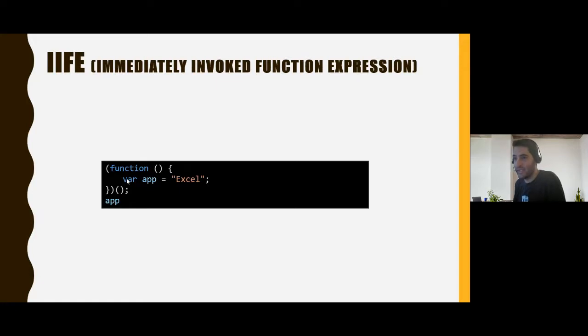When we use IIFEs, we can wrap the entire content of the JavaScript file as an IIFE. Then everything inside is locally scoped, and the app inside this function doesn't exist outside of the function. As you can see, when I call app here, it says that app is not defined. It's a way to be more secure with your code and make sure that no JavaScript file overrides another.